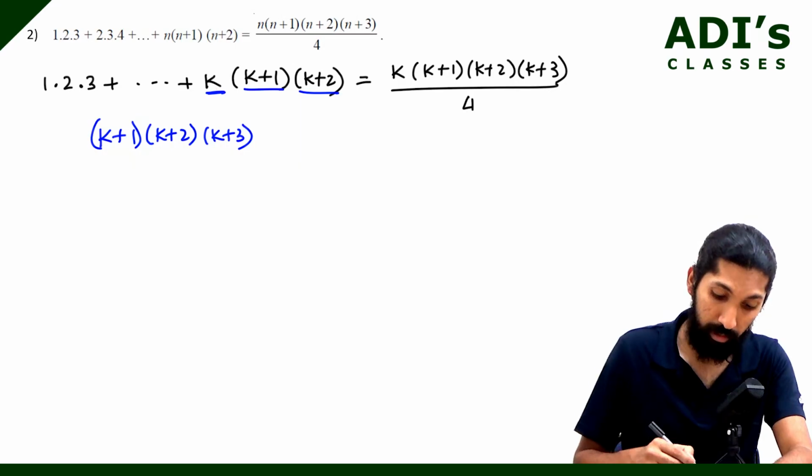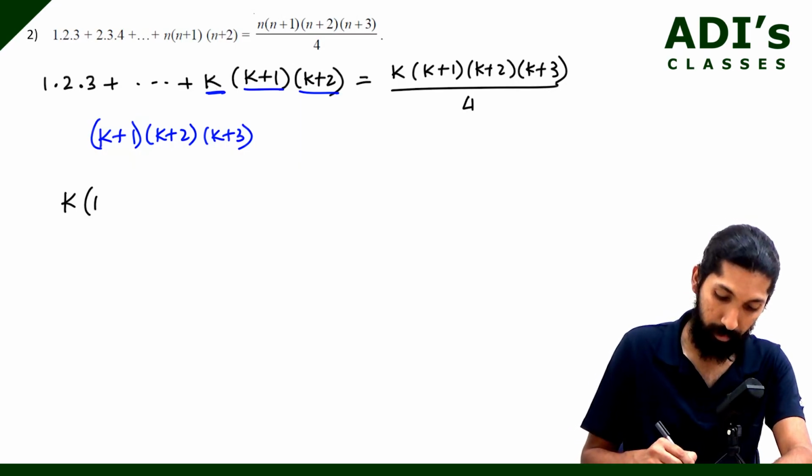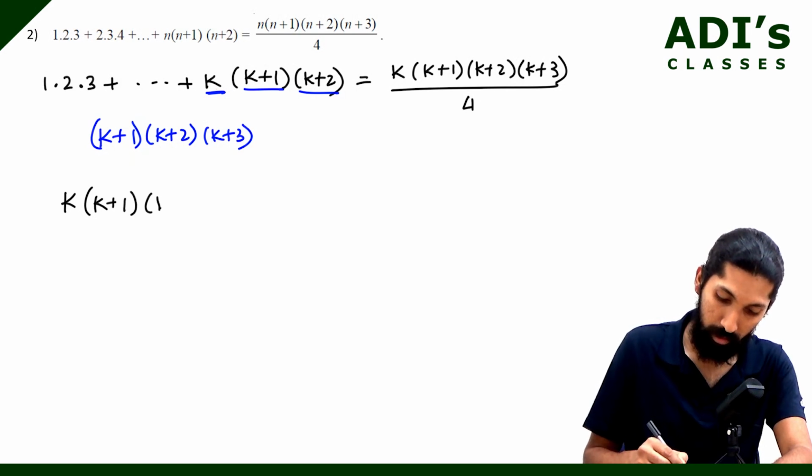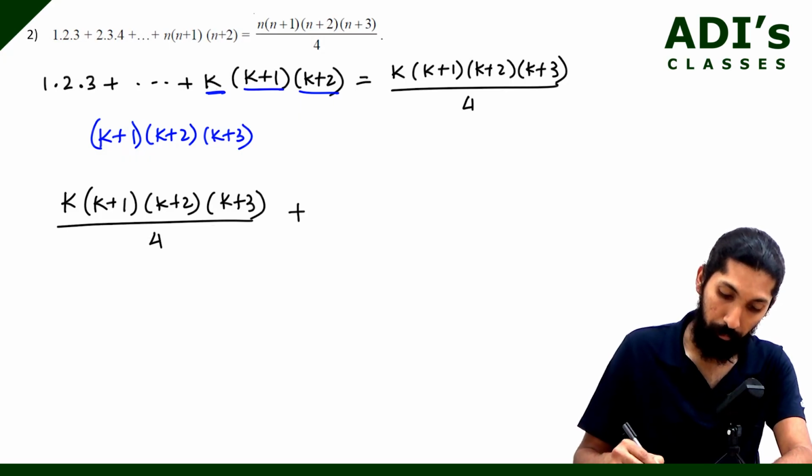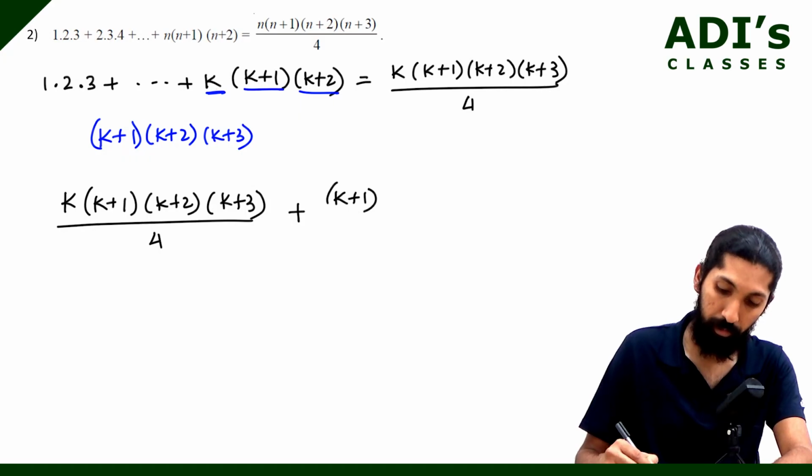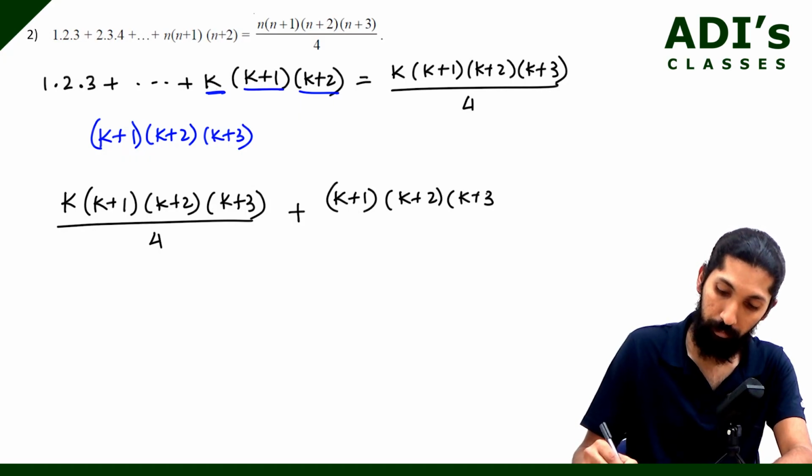So for the RHS part, you will get k into k plus 1 into k plus 2 into k plus 3, whole by 4, plus k plus 1 into k plus 2 into k plus 3.